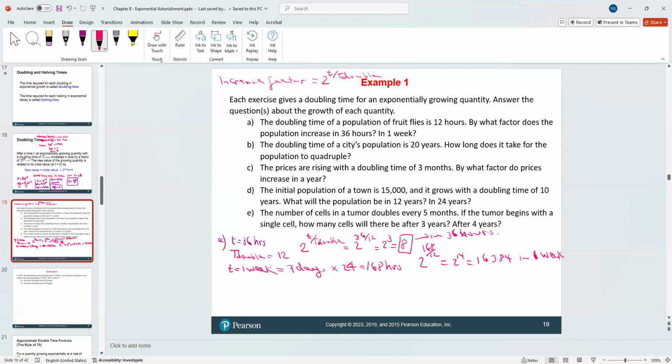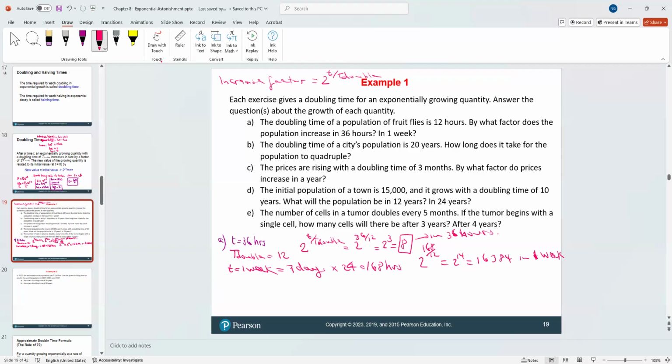All right, I hope you can use these examples. As I said, I do one, two, or three, then you can continue on your own. I can take any of the other ones. If you go with B, the doubling time of a city's population is 20 years. How long would it take for the population to quadruple?